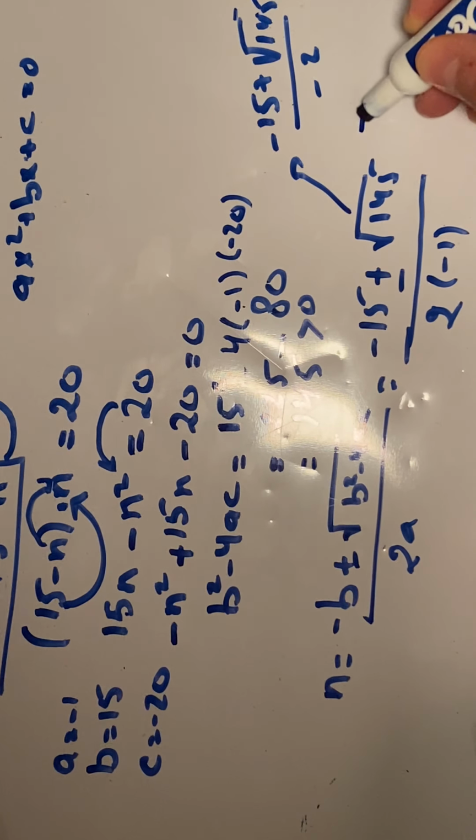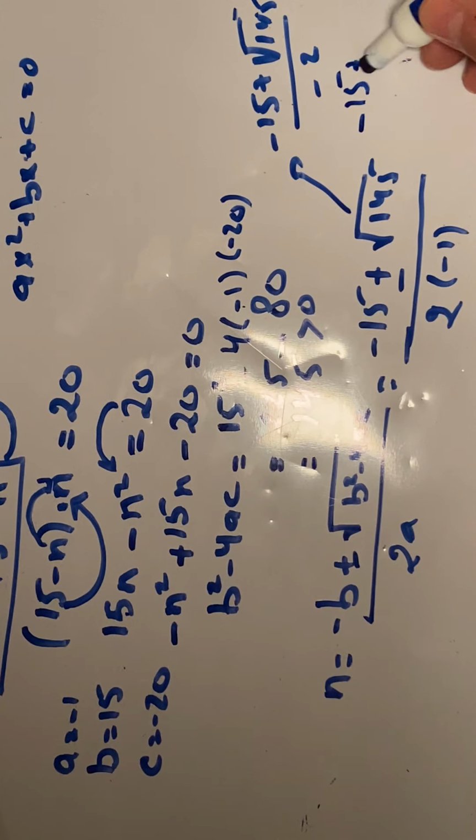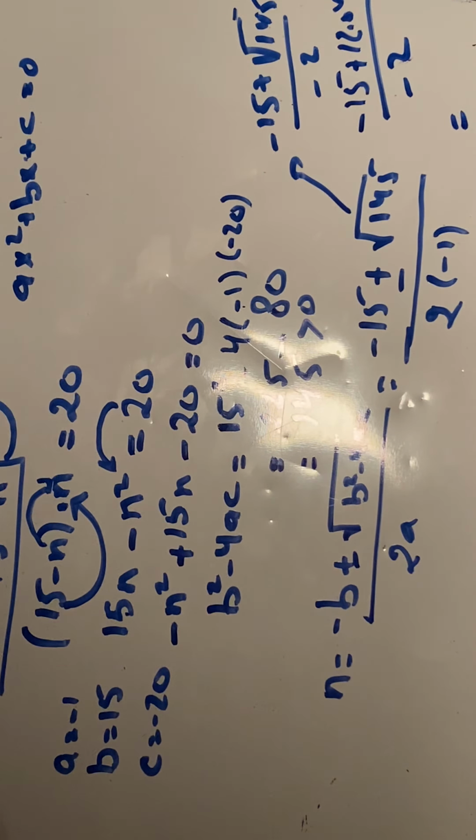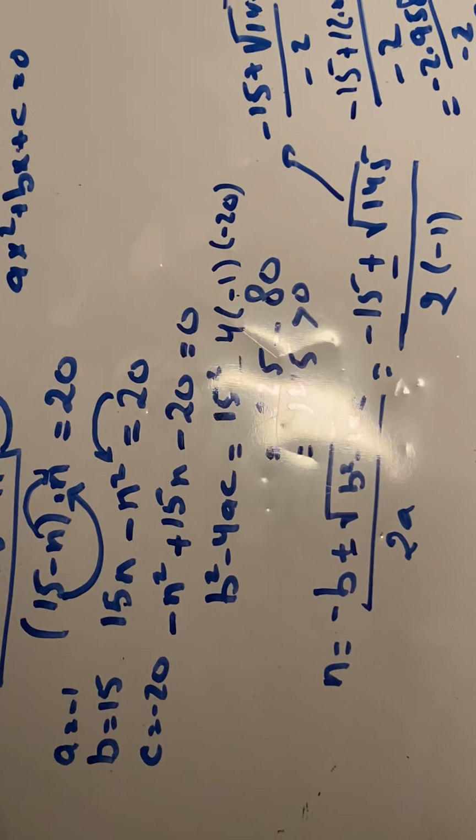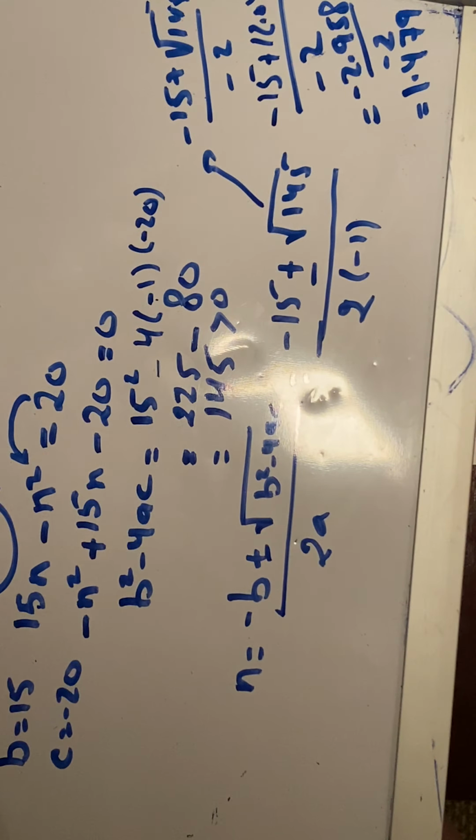So that is negative 15 plus 12.04, over negative 2. The answer would be negative 2.958 and so on, over negative 2, divided by negative 2, which is 1.479. This is the value of n.